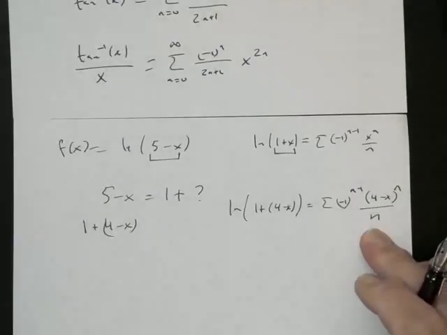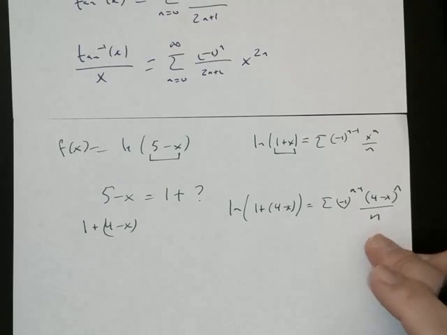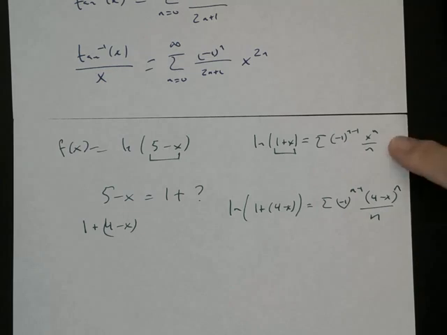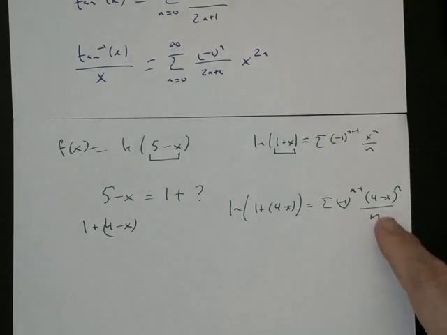But then it asks me for the radius of convergence. Do the ratio test, or look on the table. What's the radius of convergence for this? Okay, that means the radius of convergence for this should be 1.